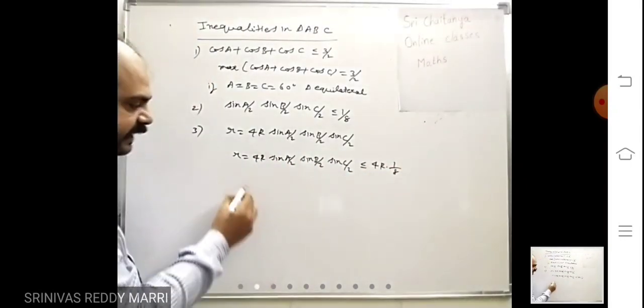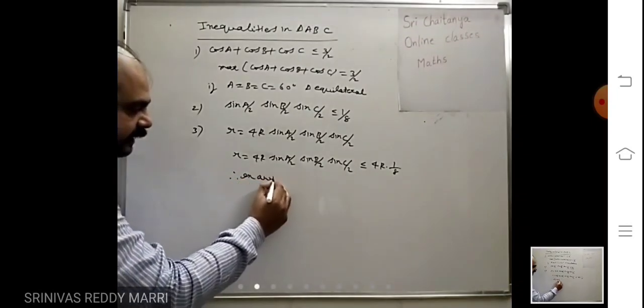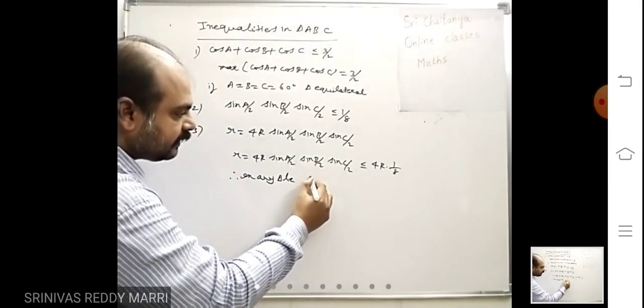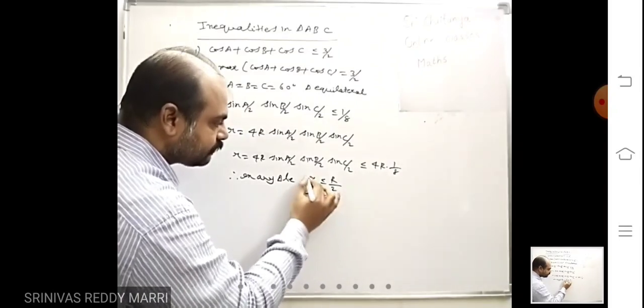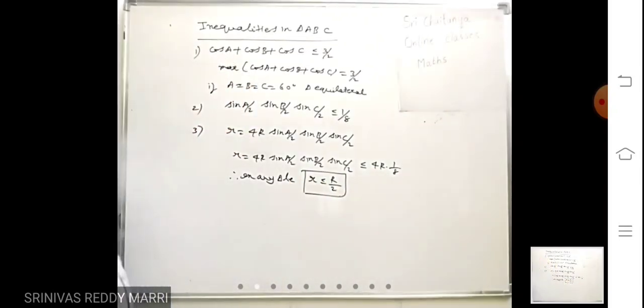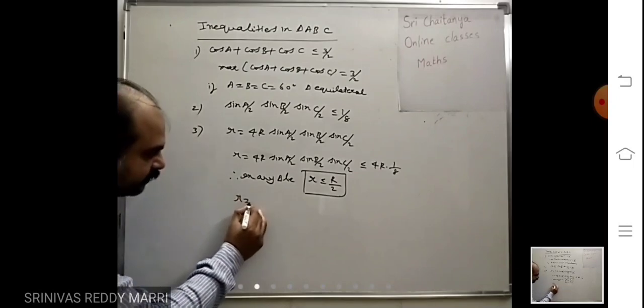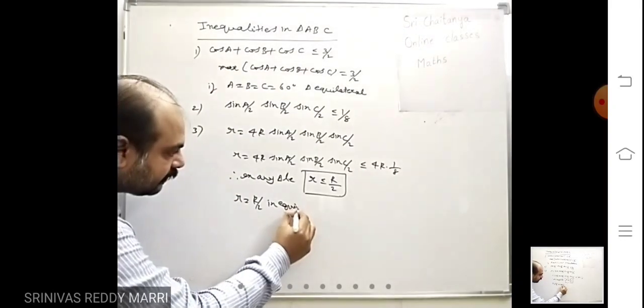Therefore, in any triangle, r is less than or equal to R by 2. Equality r = R by 2 holds in an equilateral triangle.